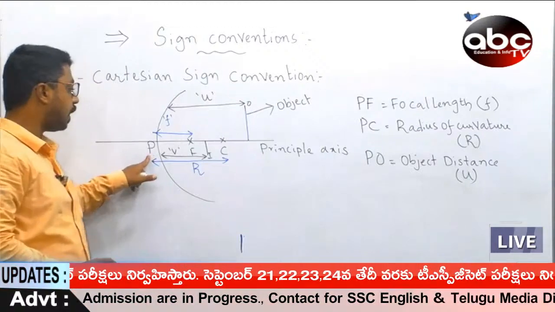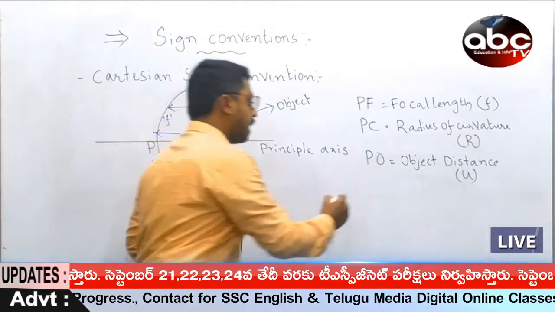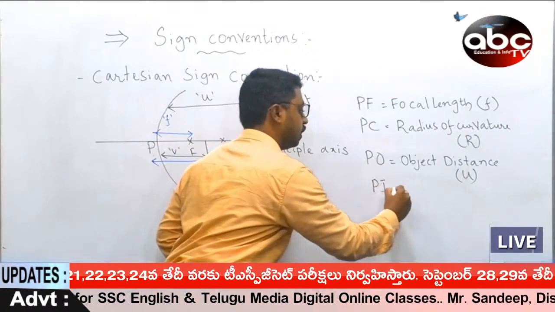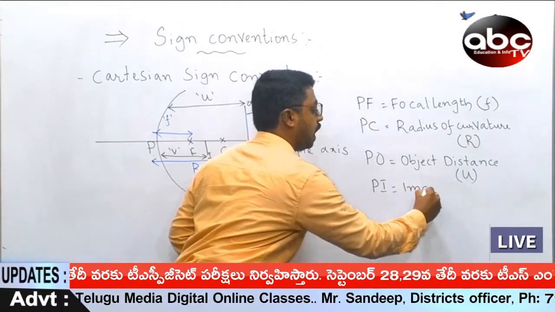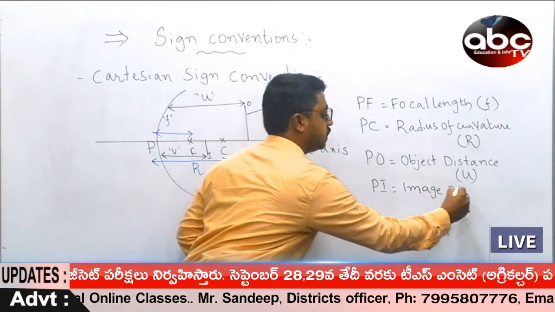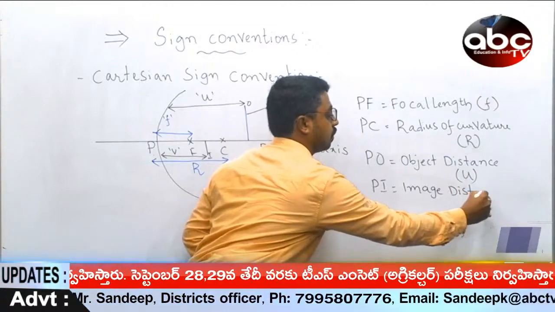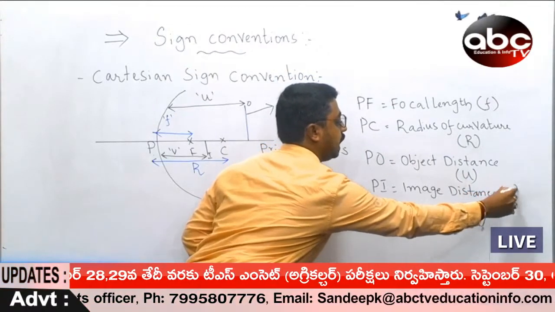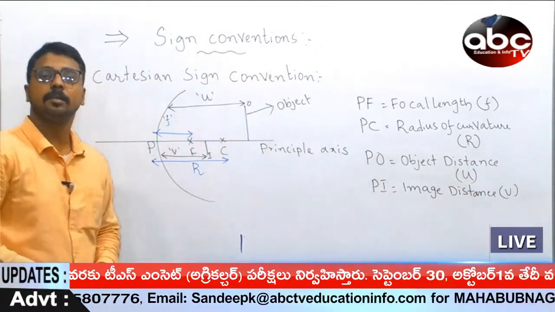Whereas the next one is PI. This is called the image distance, which is indicated as small v.